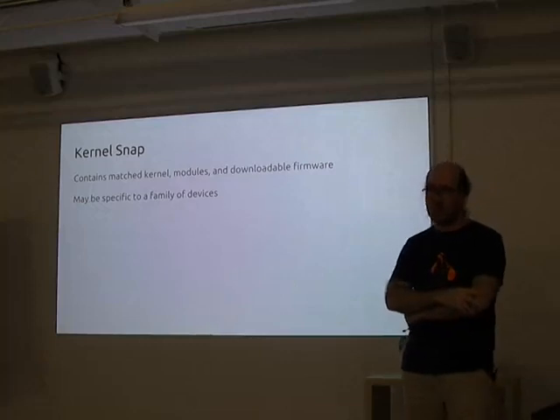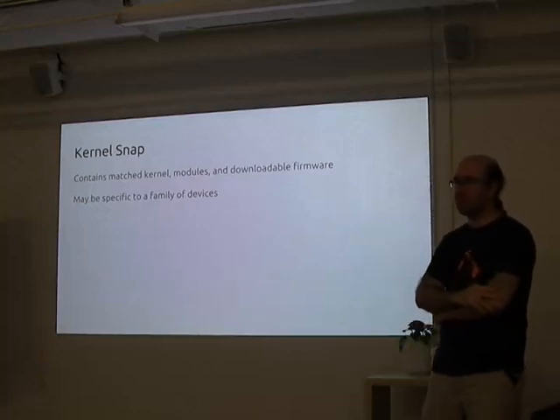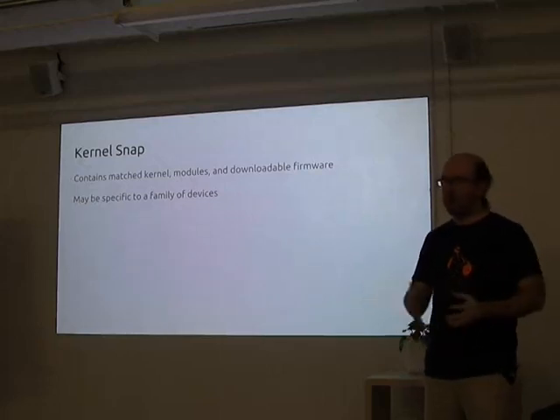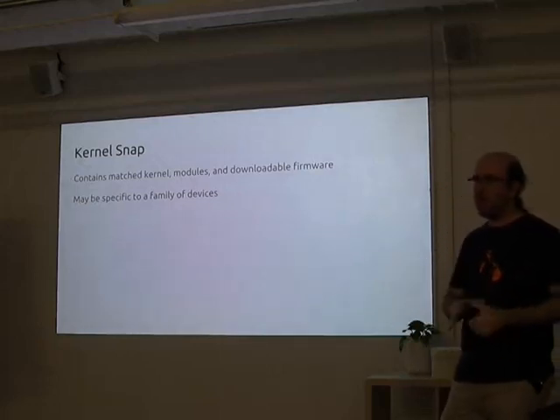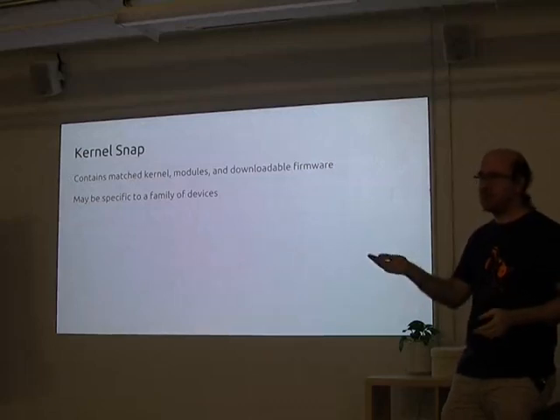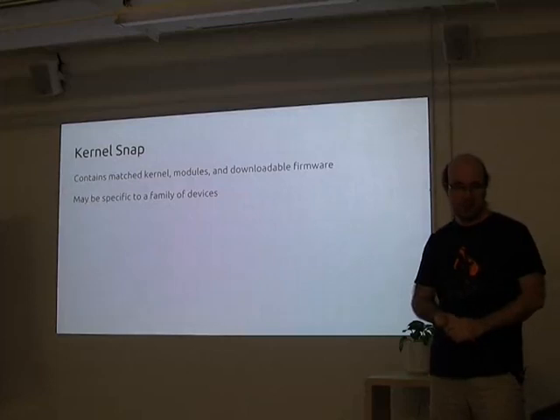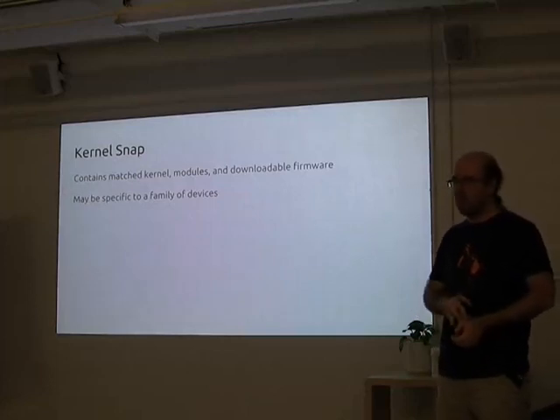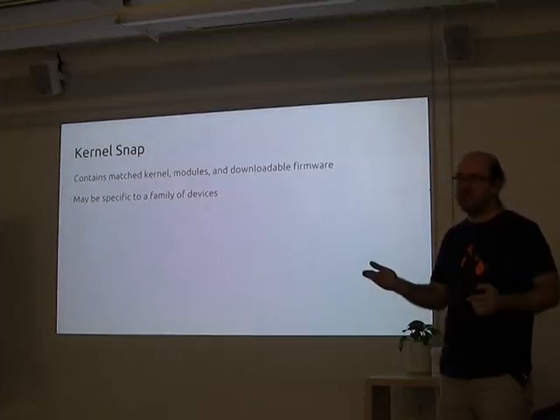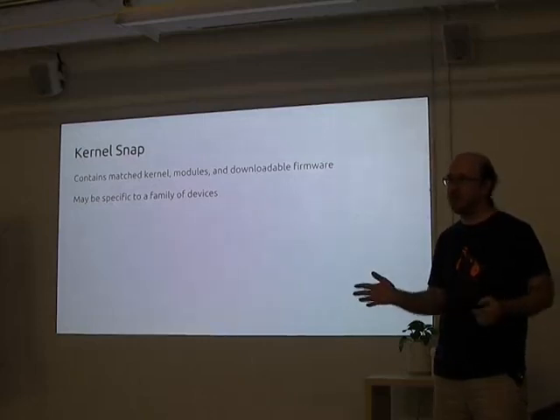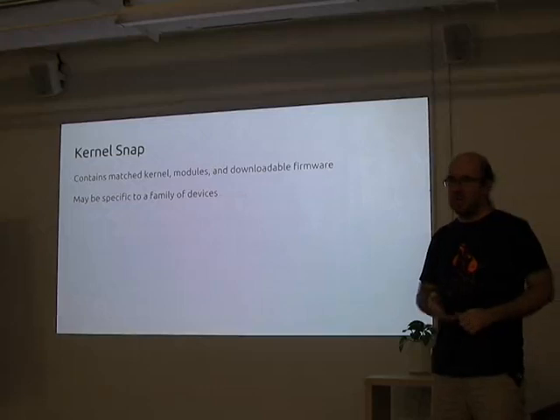So your kernel snaps contain a kernel plus all the modules, plus any downloadable firmware corresponding to the devices which those modules use. If you're coming from the x86 side, you might often think of having a single kernel which handles every device.